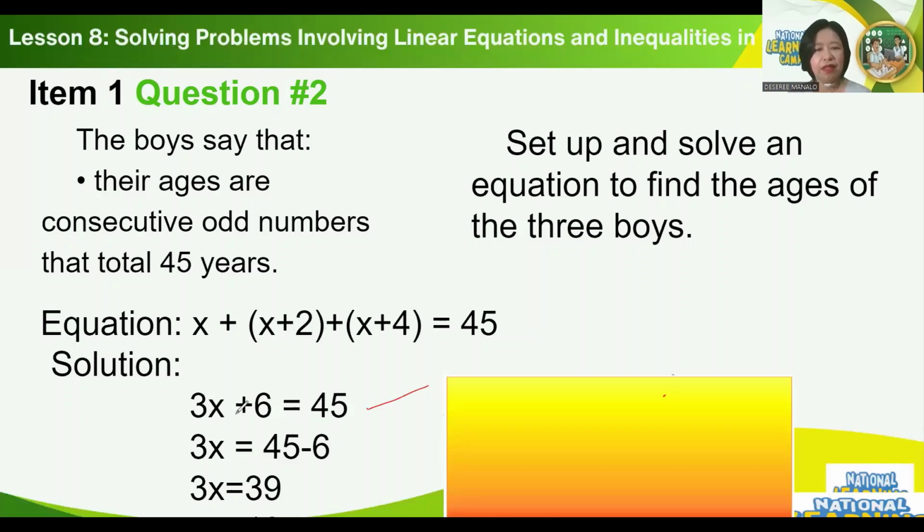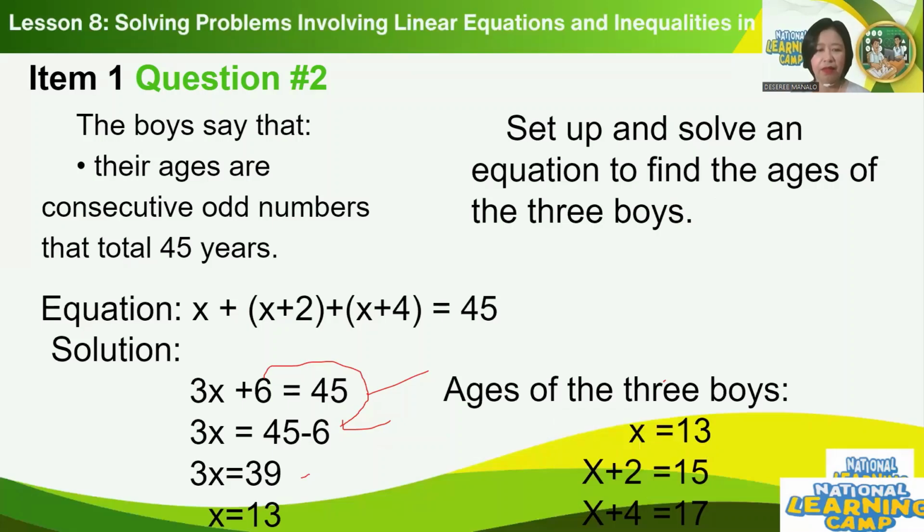Next, 3x equals 45 minus 6. And then bring down, 3x is equal to 39. Why 39? 45 minus 6 is equal to 39. And therefore, the value of x is 13, since 39 divided by 3 is 13.